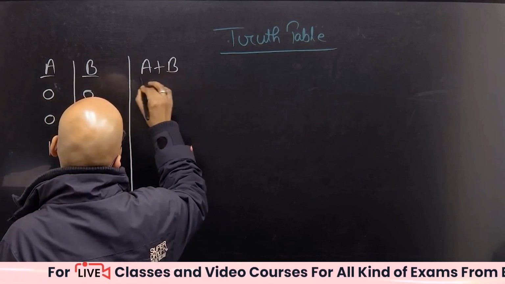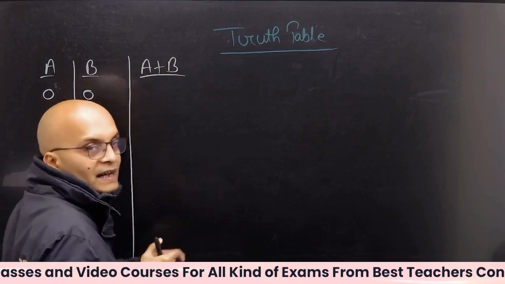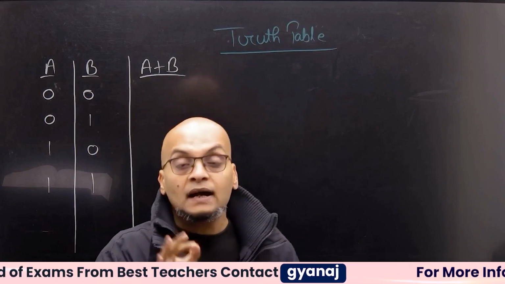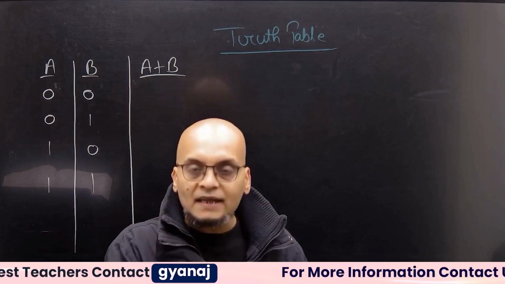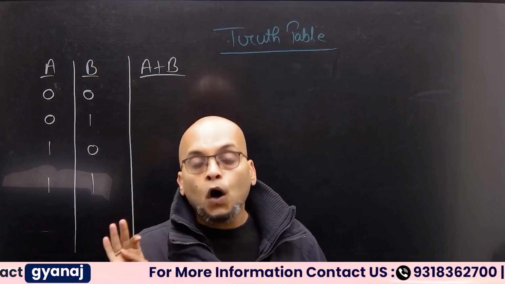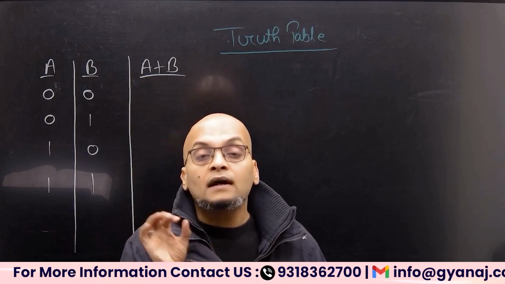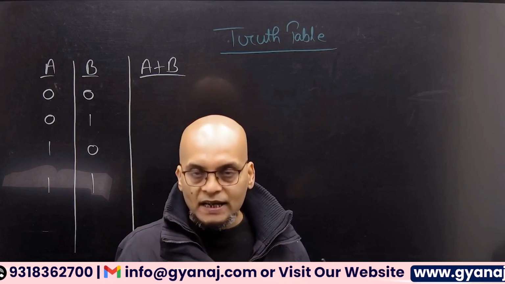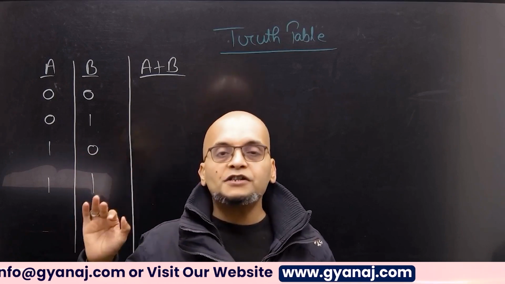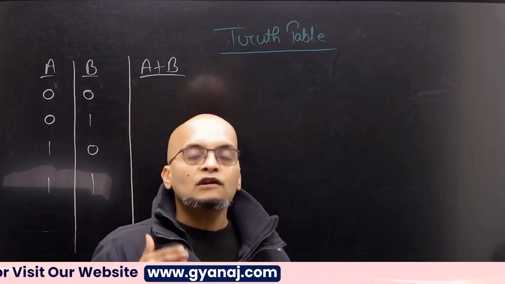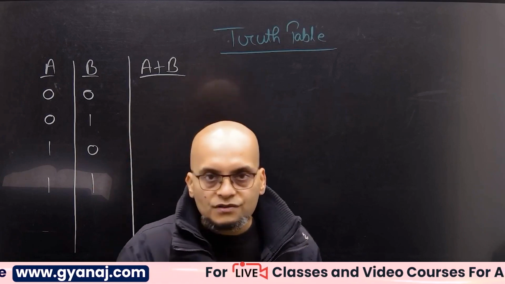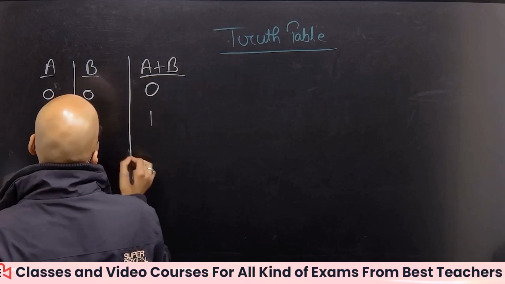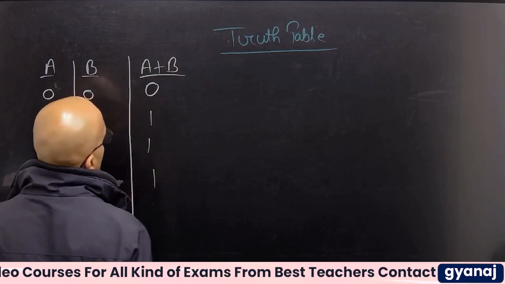We were doing OR of it. OR is again just like AND was analogous to the mathematical operator multiplication. Similarly, OR is analogous to the mathematical operator addition. They are not the same, right? But in order to make it understandable, we can say they are analogous. So 0 plus 0 is going to give you 0, 0 plus 1 is 1, 1 plus 0 is 1, 1 plus 1 is 1.